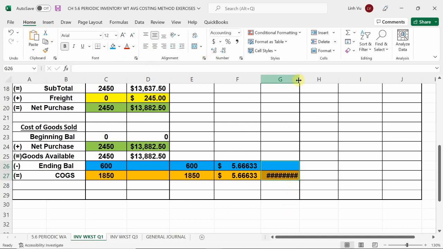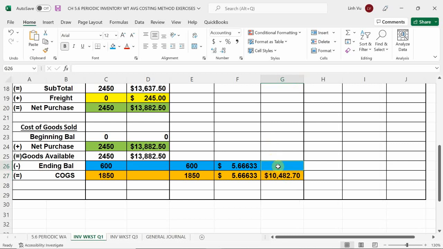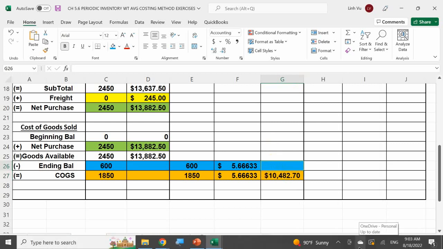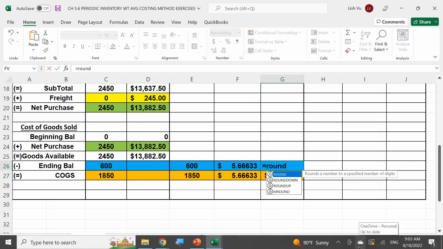Let's practice that formula one more time in the ending balance. Okay? So you're going to do equal ROUND, open parentheses or tab if you want to select that formula.